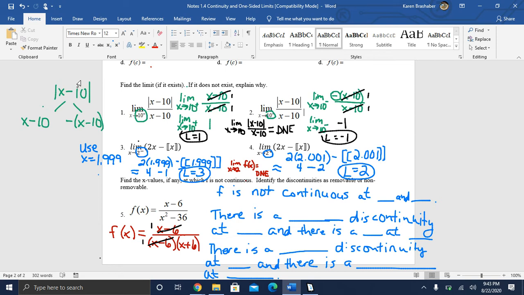Now, I'm still going to deal with the fact that I had 2 factors. So one of my factors in the denominator is x minus 6. If I set that equal to 0, I get that x equals 6. Now, that was my factor that I was able to remove.